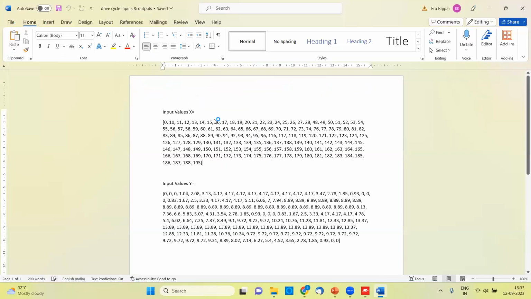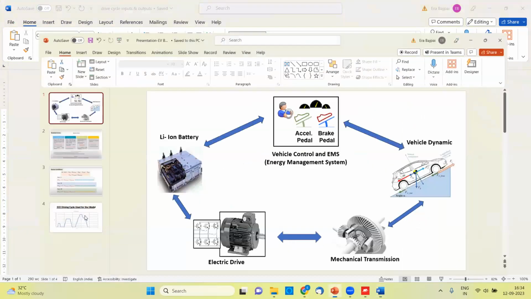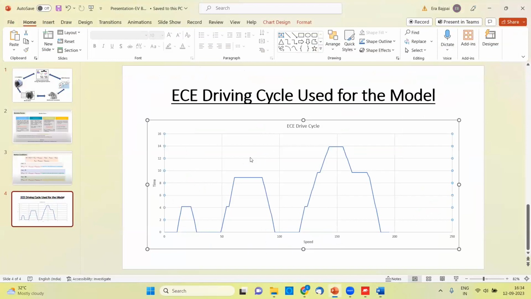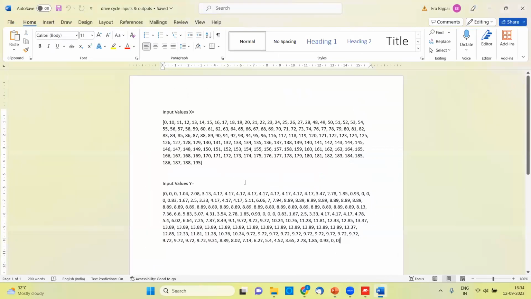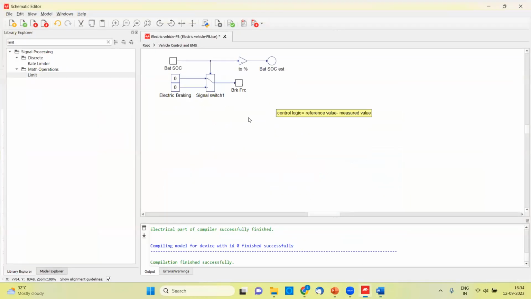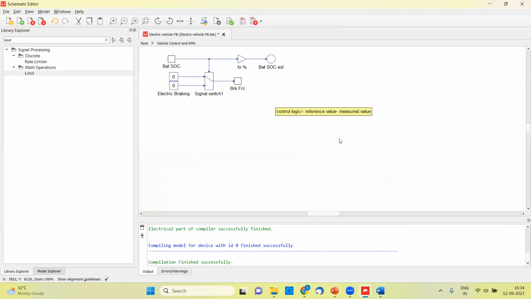These are the input and output X and Y values which we are going to use. Using these values only, we have created this graph. We have the inputs and outputs of this particular graph, which have been used to create that curve. So these are the X and Y values which we are going to input in our model, and this will act as a reference when we are drawing the controller.